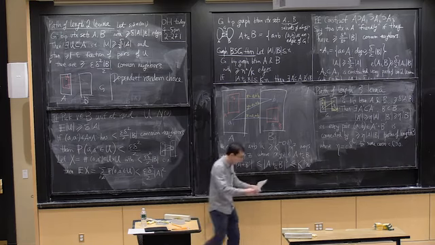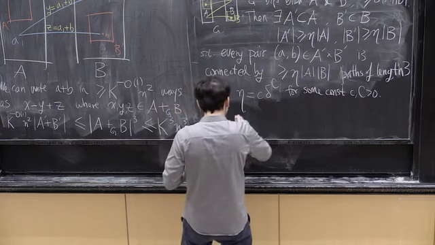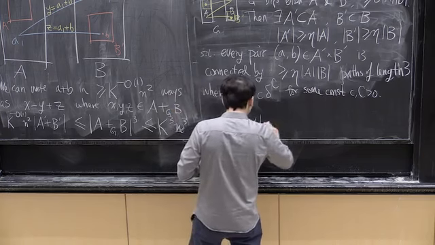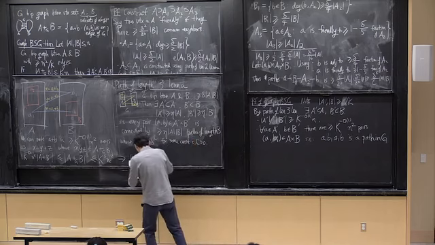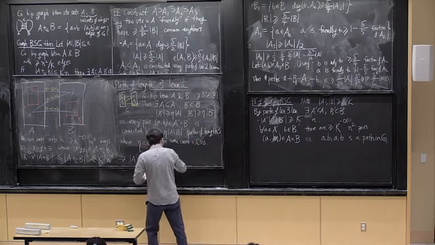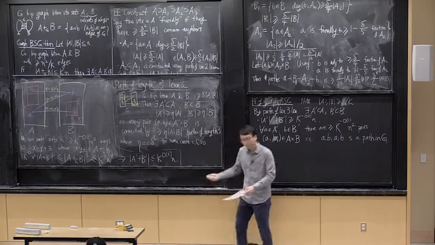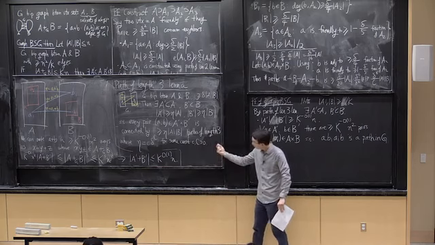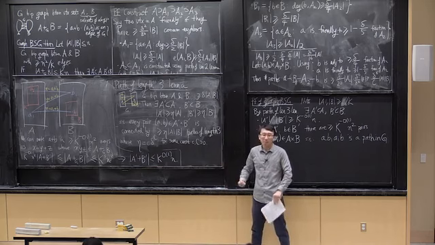And now we are done because we have deduced that the complete sum set between A prime and B prime is at most a constant factor, only changing the constant by a polynomial, more than the maximum possible.